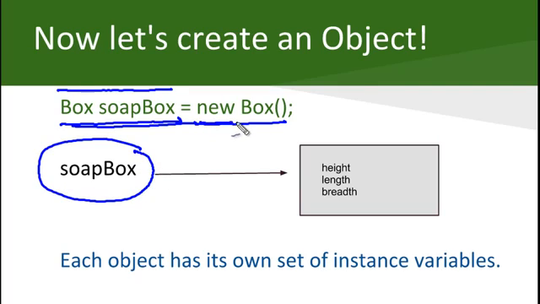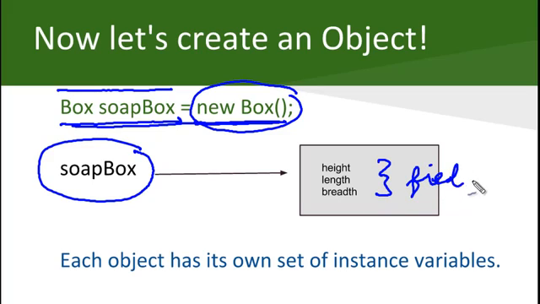And when I write new Box(); with the class name, the open close parenthesis and a semicolon, this whole statement is creating an object with its set of fields or instance variables, and the reference variable soapBox is referring to this object.